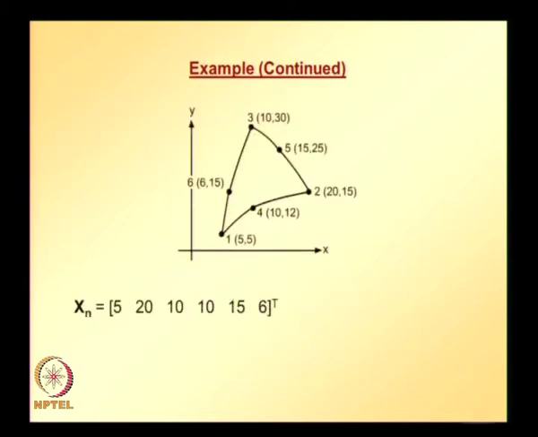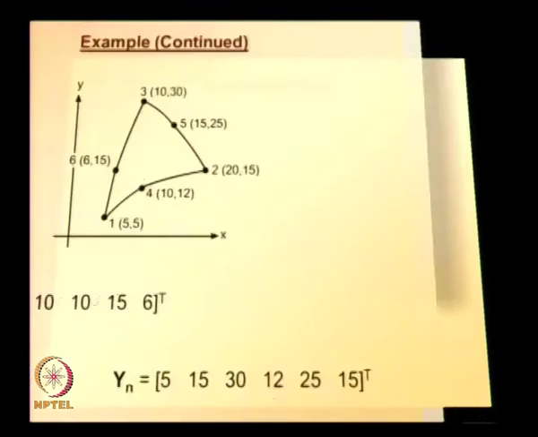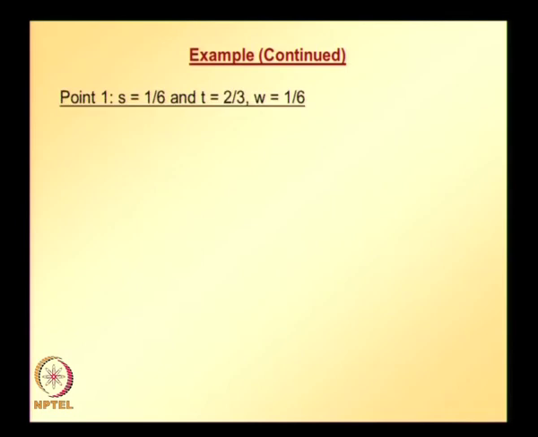So, x coordinates, y coordinates, and the numerical details are worked out here for one integration point, that is, at s equal to 1 over 6, t equal to 2 over 3, which is the integration point that is selected, and the weight corresponding to this integration point is 1 over 6.